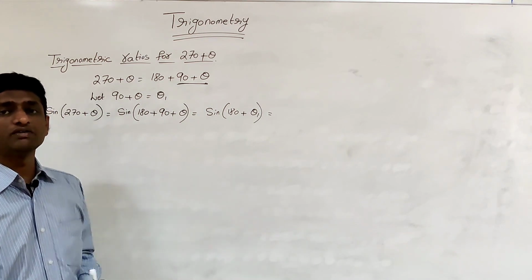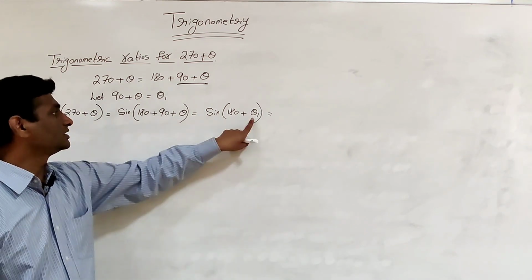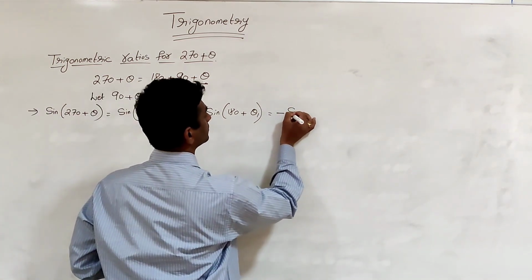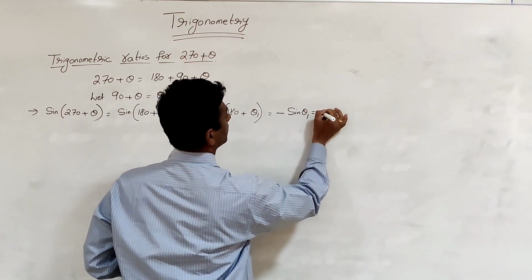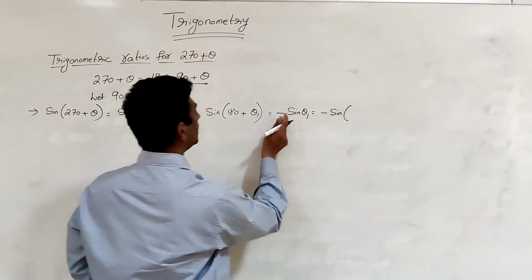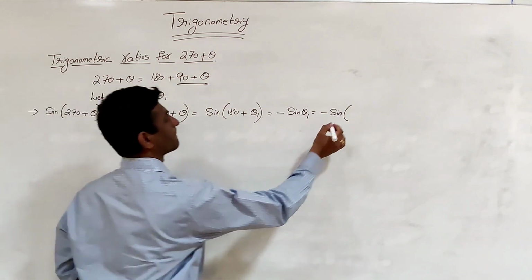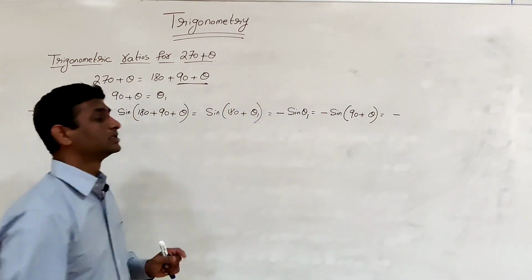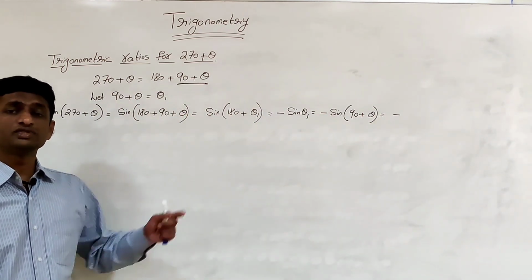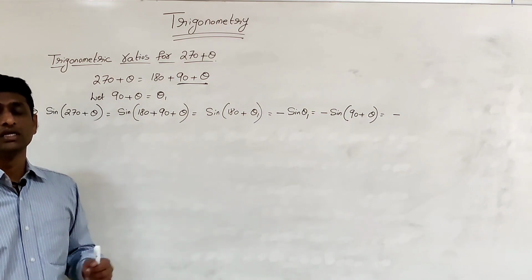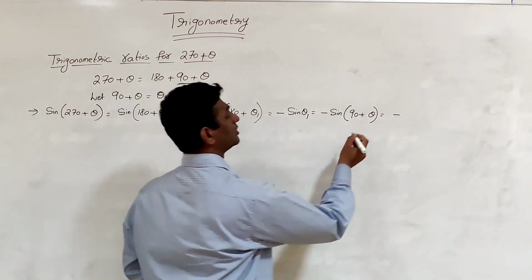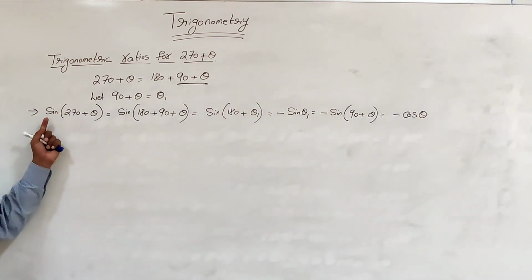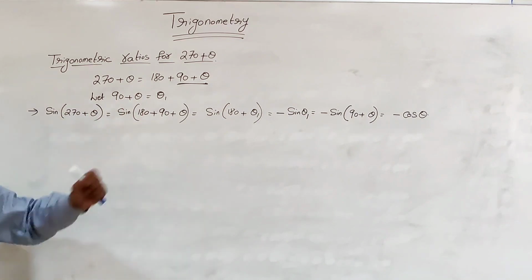Sine of 180 plus theta gives minus sin theta, but here it is theta 1, so it gives minus sine of theta 1. Let us replace it with our original angle 90 plus theta. So minus sine of 90 plus theta. We have seen the trigonometric ratios for an angle 90 plus theta. Sine of 90 plus theta gives cos theta. So sine of 270 plus theta is minus cos theta.